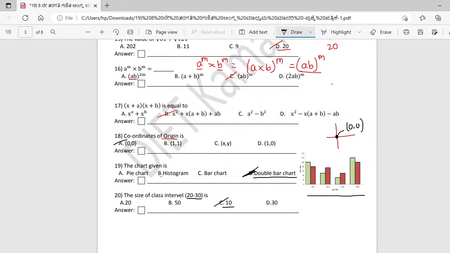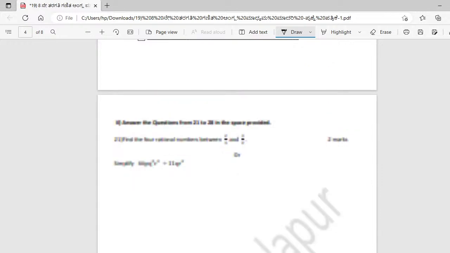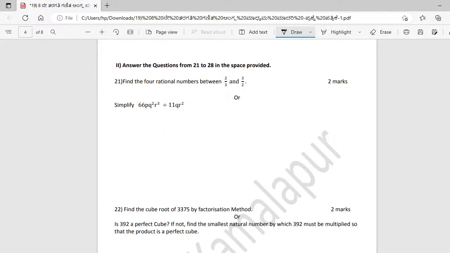Kindly inform your friends who have not joined this class to join as soon as possible. And let us go with the second main.